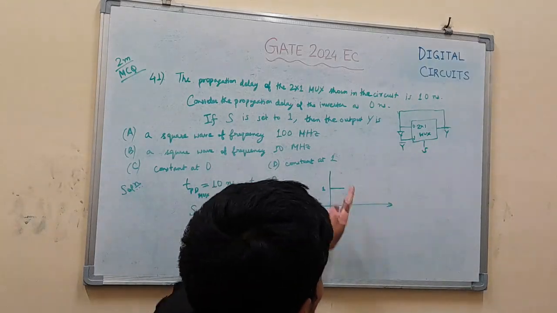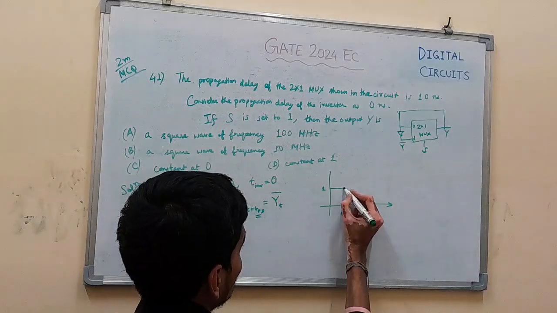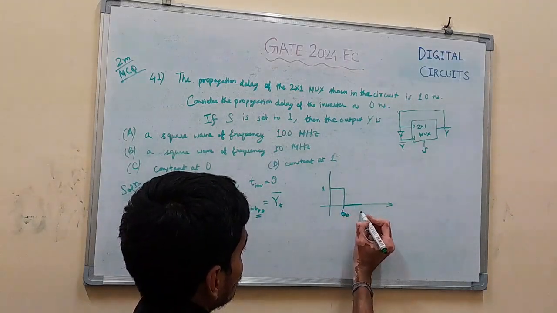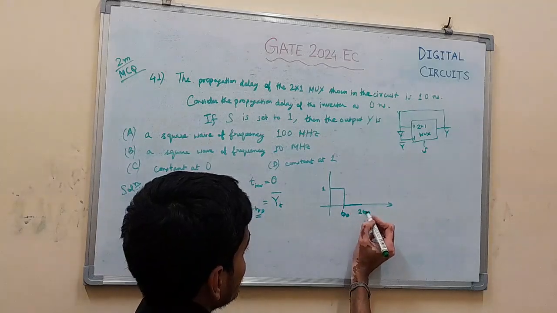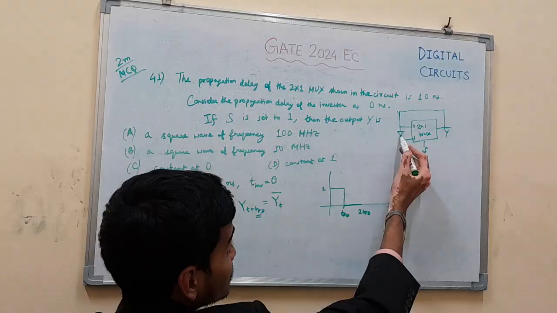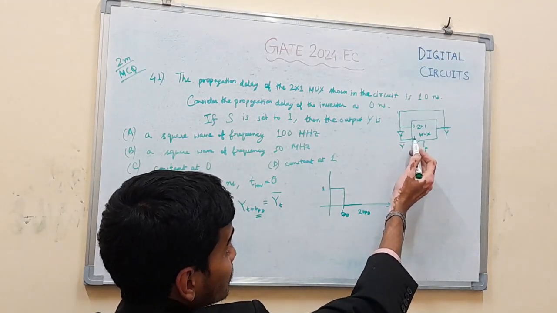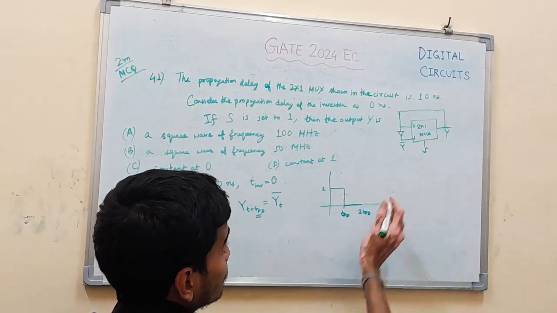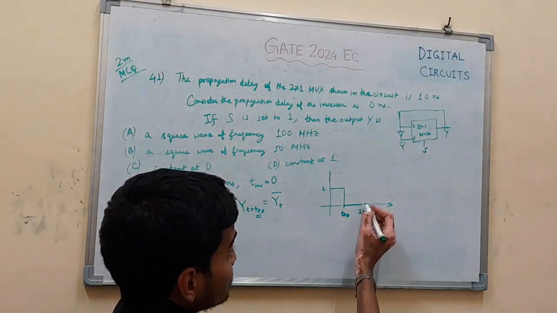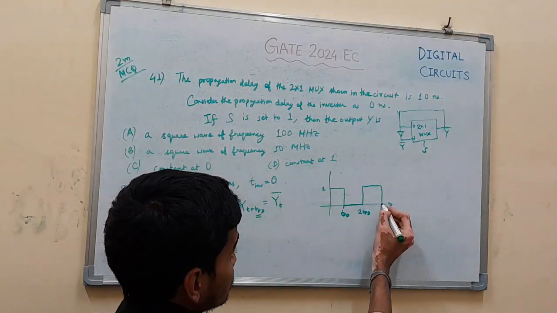After the propagation delay TPD, Y will fall to 0. Again after TPD, at 2 TPD, the input through the inverter is 1, and since S equals 1 this line is selected, so 1 passes to Y. Y rises to 1 at T equal to 2 TPD, and this process continues.